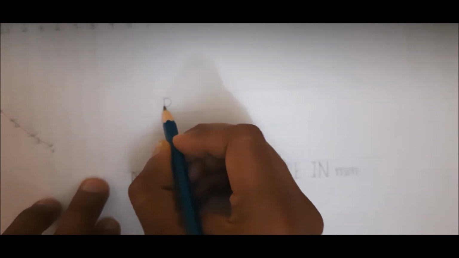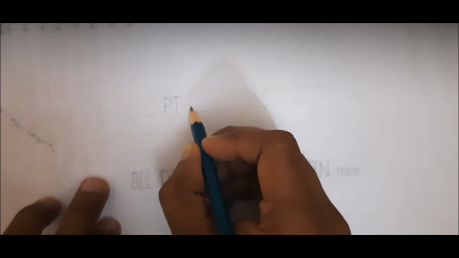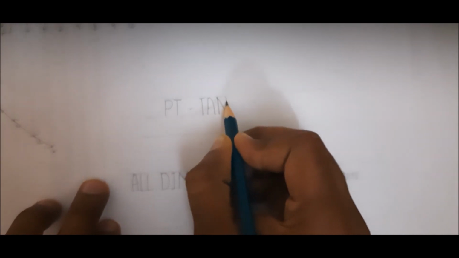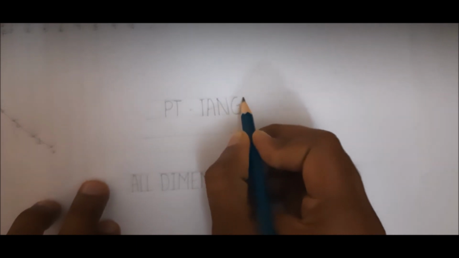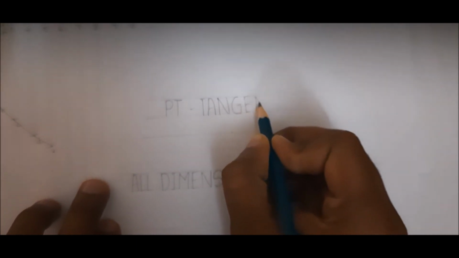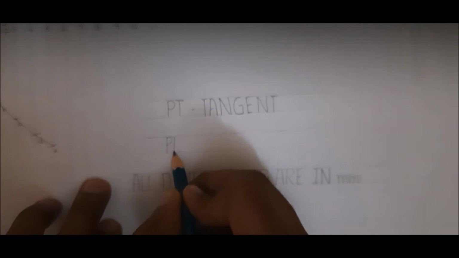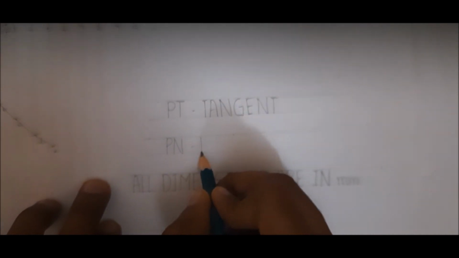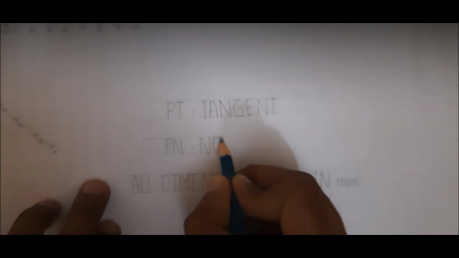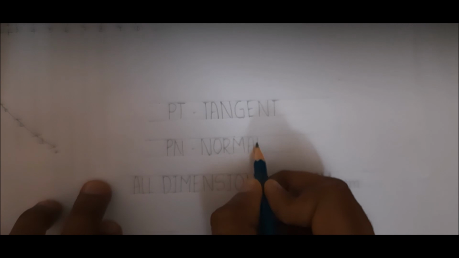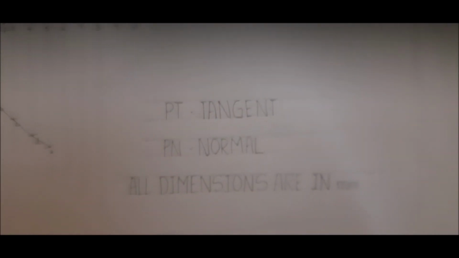So I'm going to write here, point PT stands for tangent, and point PN stands for normal. So with this the problem is completed.